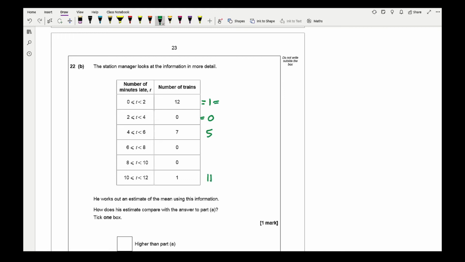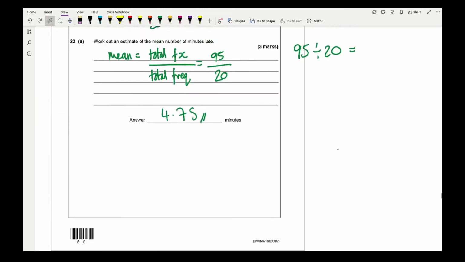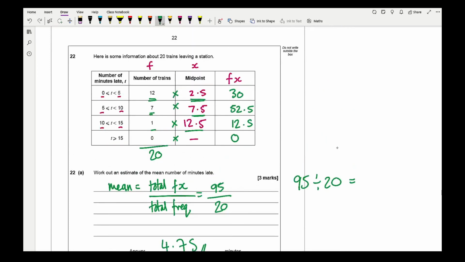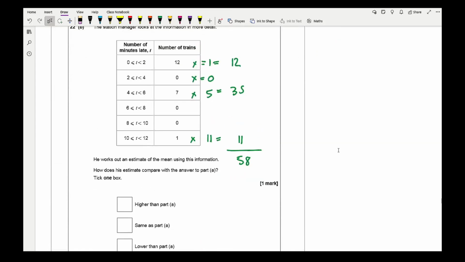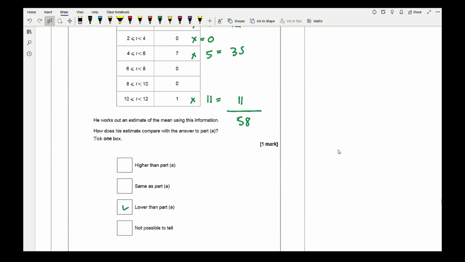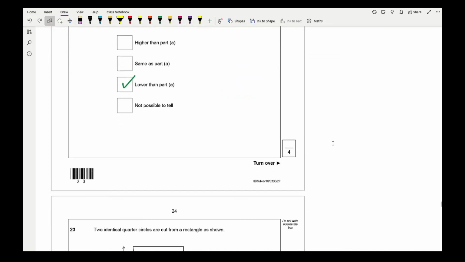So looking at the total fx, if you imagine that's what we're working out, here I've got 11, I've got 35, and I've got 12. If I add up those three numbers, I get 58 minutes. You can see that when I totaled the earlier numbers up, it gave me 95, and this is giving me a total of 58. So therefore it's going to be lower than part a.